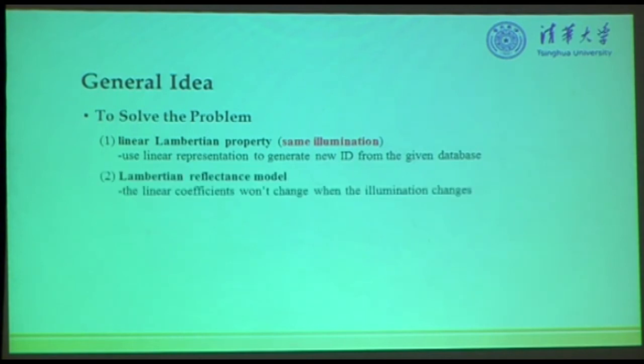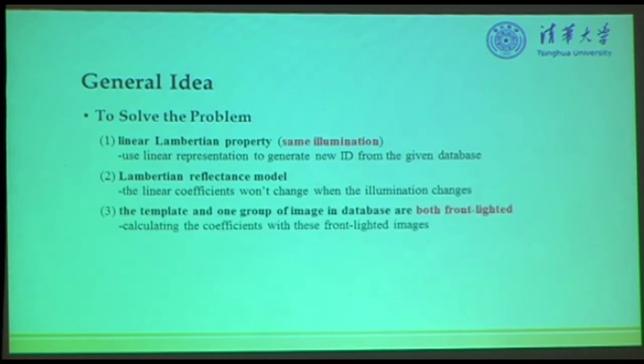If we look at the Lambertian reflectance model, it tells us that the linear coefficients of the representation won't change while the illumination changes. And how do we get the linear coefficients? We must limit the input template.